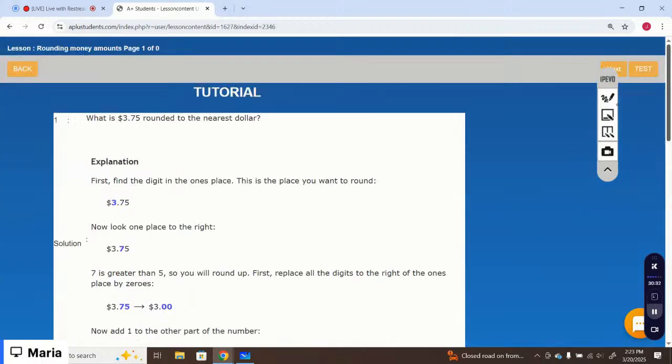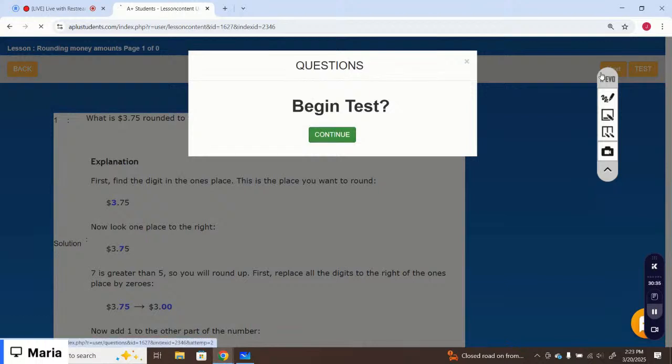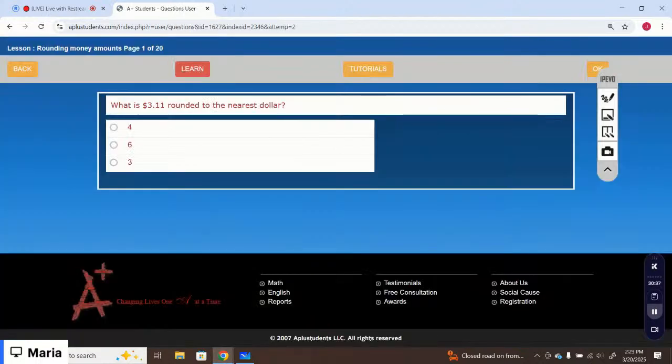Let's just start with the test questions. What is 3.11 rounded to the nearest dollar? 3.11 means you need to round to the whole number.